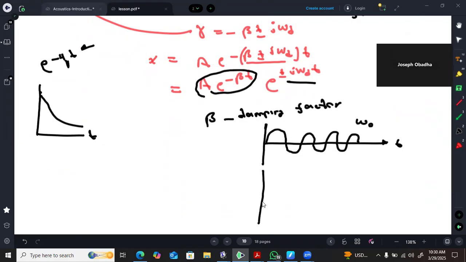But if you have a damping factor, it will start with a large amplitude, then continue reducing because of this factor, and what we have here is a damped frequency.